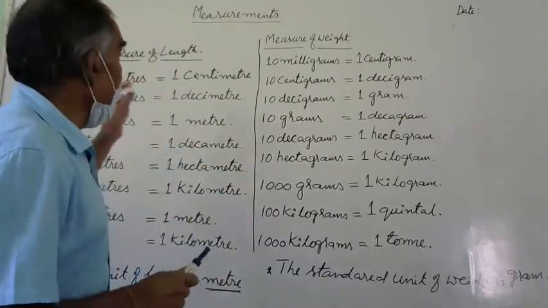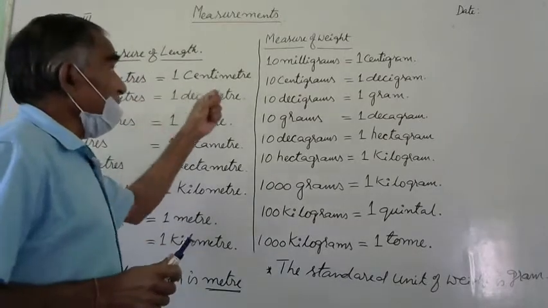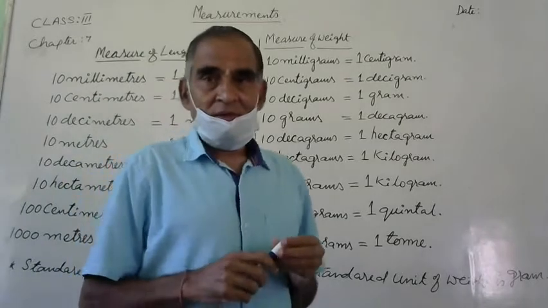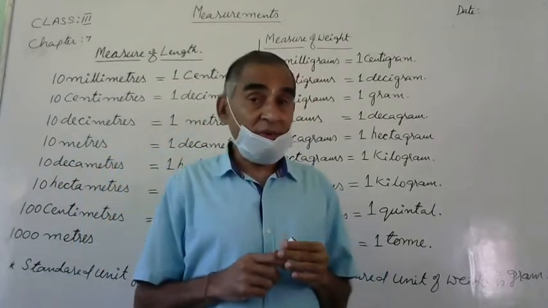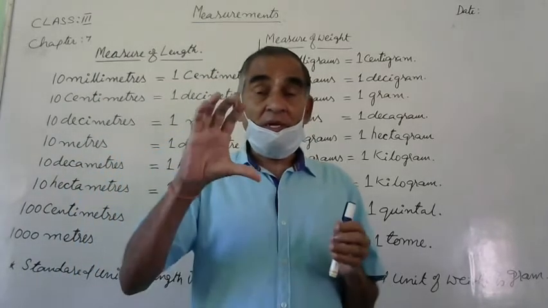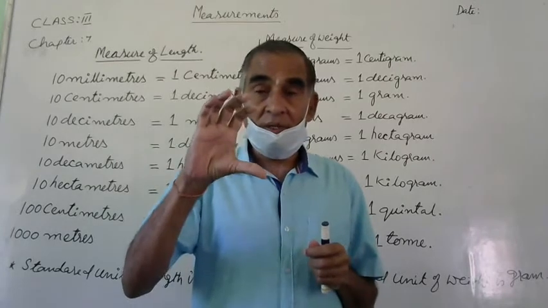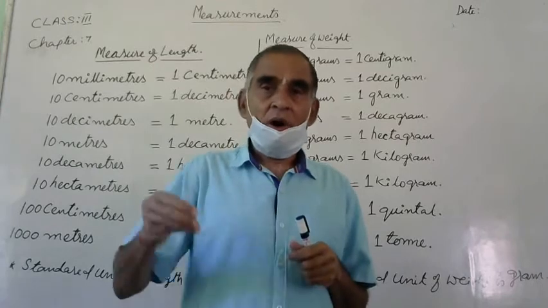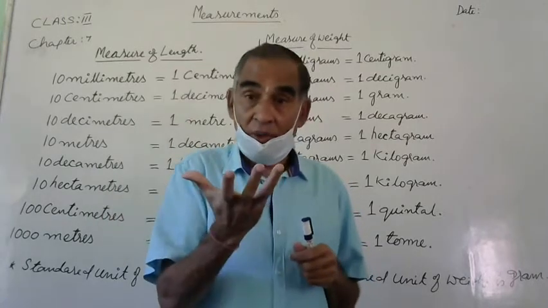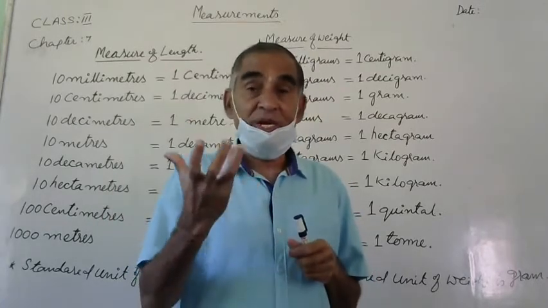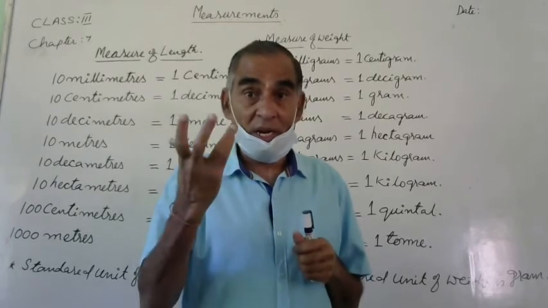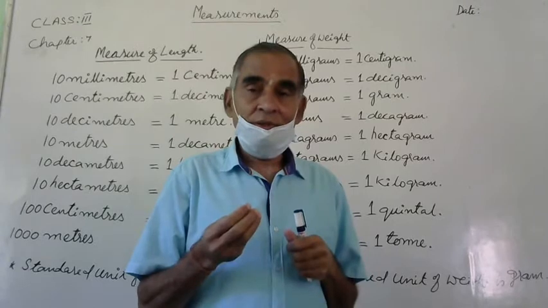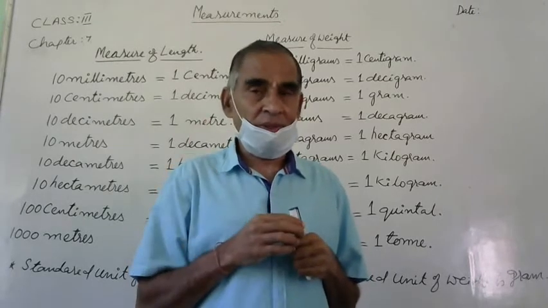Then how to read the measure of length, measure of weight, and measure of capacity. The standard unit of capacity. Capacity means, if you take a bottle or a glass, how much water it can hold, how much milk the glass can hold, how much oil a bottle can hold.